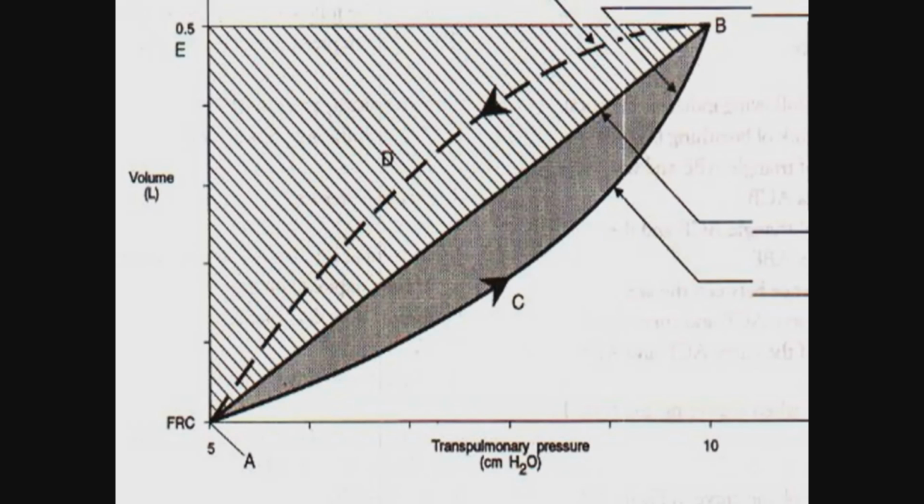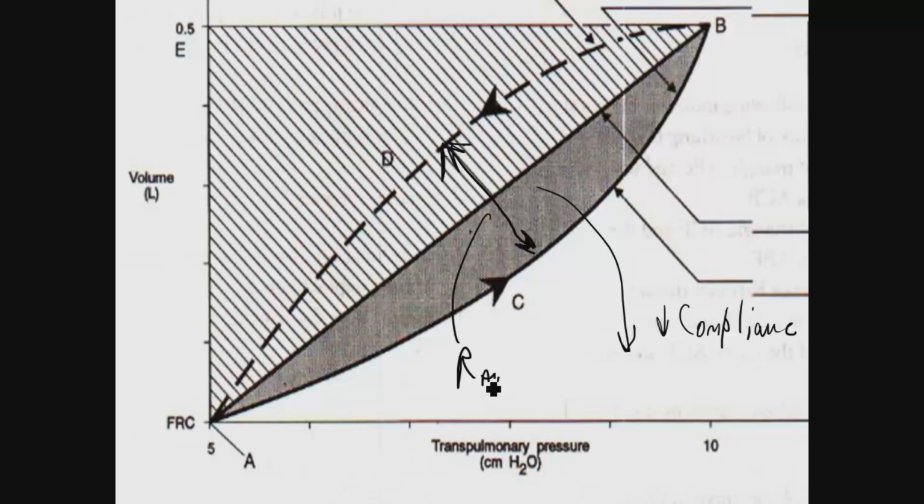This is just showing again that as this curve moves towards the horizontal axis, I know that I have a reduction in compliance. Opposite direction would be an improvement in compliance. And actually the width of the football, if you will, is indicative of airway resistance, assuming you have a square wave curve.